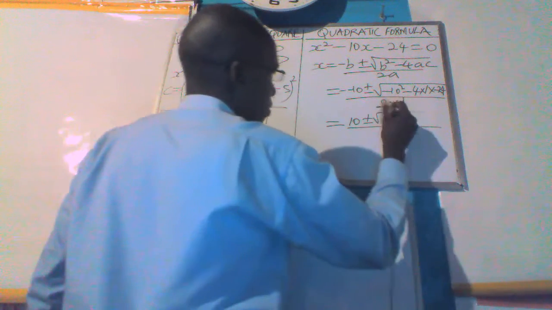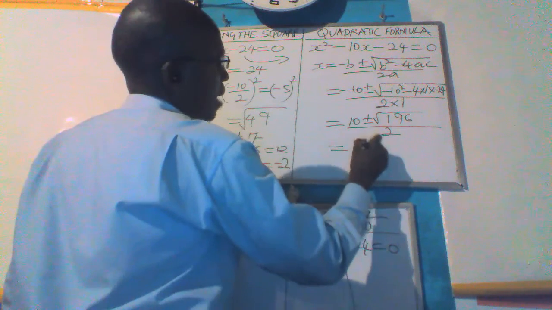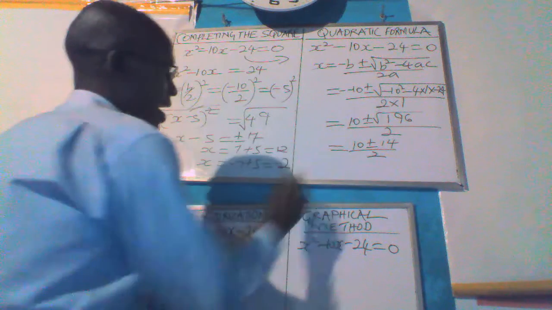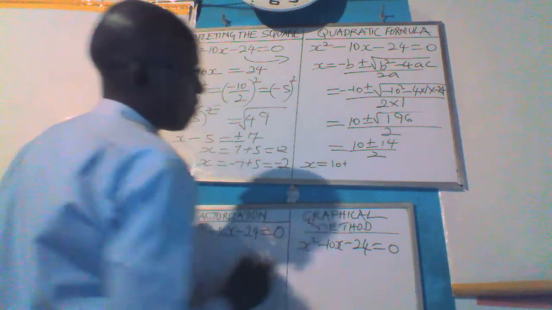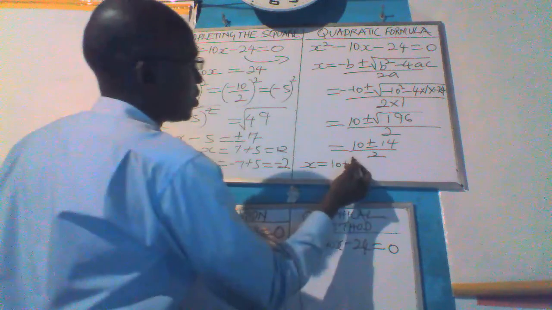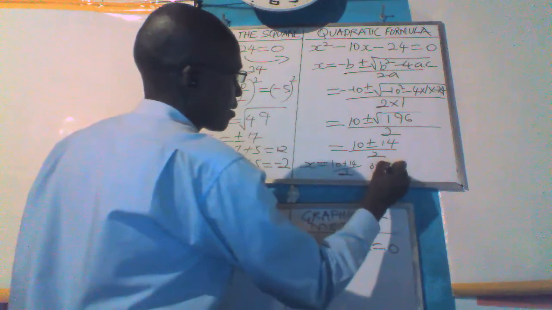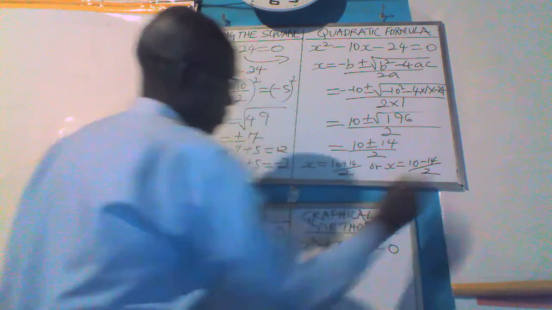So we have the square root of 196, which is the same as 14. And in this case, we have 10 plus or minus 14 all over 2. Now, our x is therefore going to be equivalent to 10 plus 14 all over 2, or x is going to be 10 minus 14 all over 2.